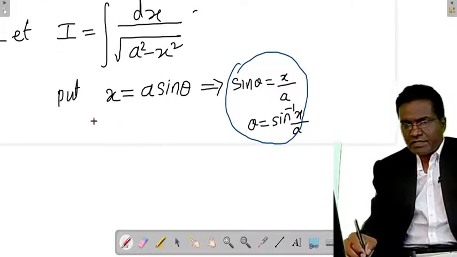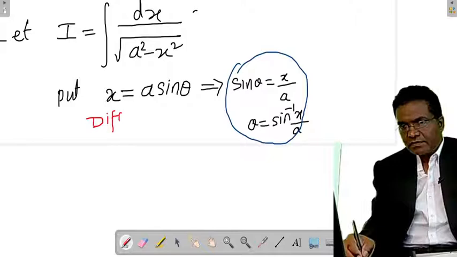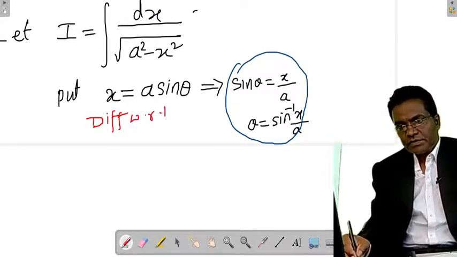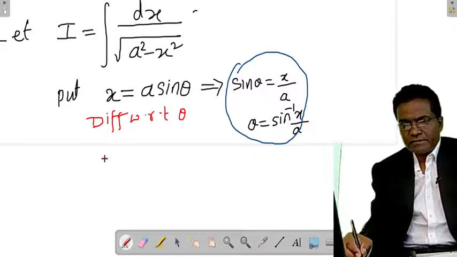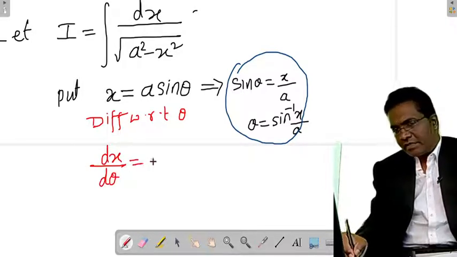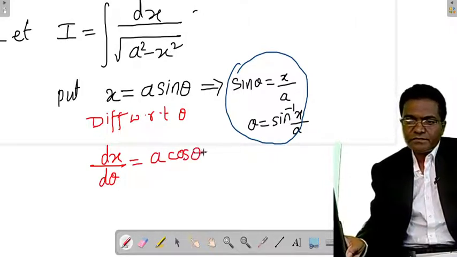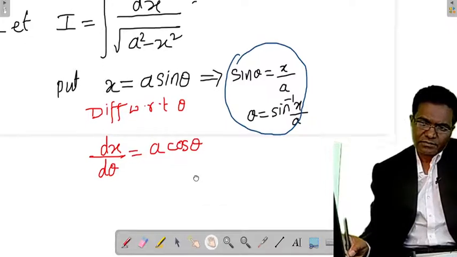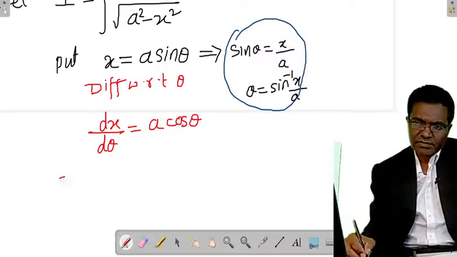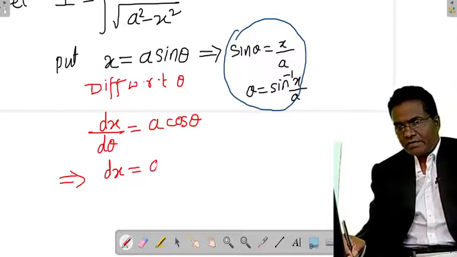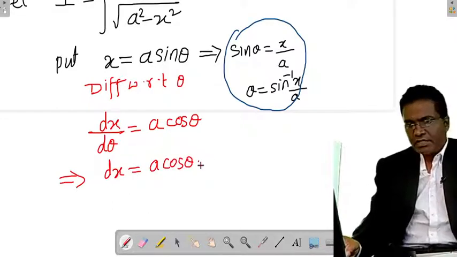Now differentiate this, because we need to obtain the value of dx. Differentiate with respect to theta. So dx by d theta is a into derivative of sine, which is cos theta. This gives you dx is equals to a cos theta d theta.